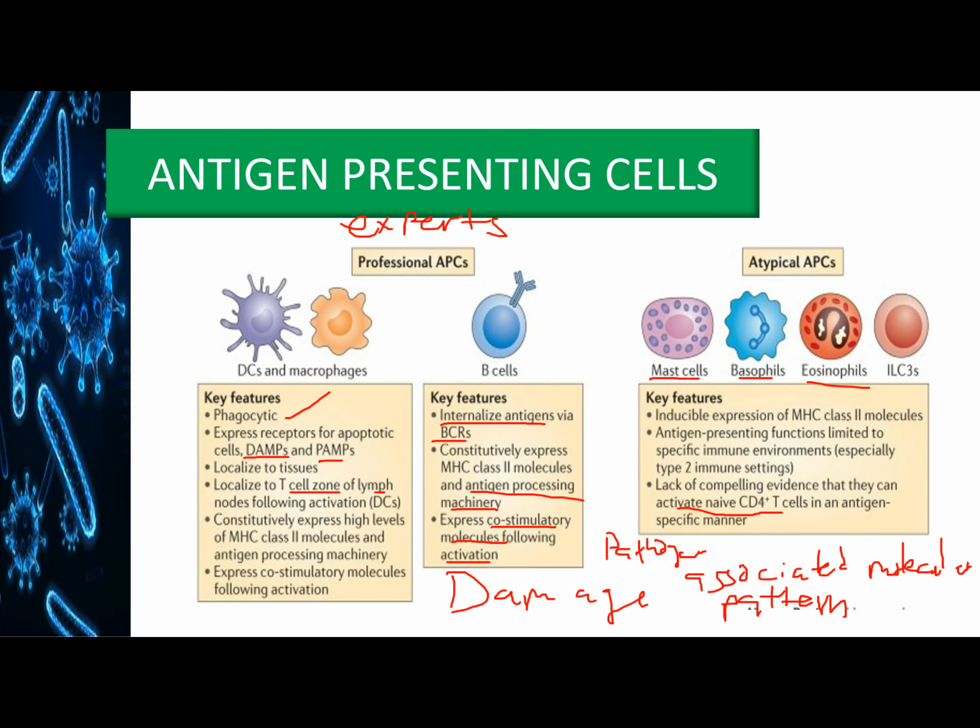So, inducible expression, class. Kailangan for this to occur para magkaroon sila ng MHC class 2, kailangan muna nilang maka-encounter ng antigen. Then, antigen presenting function is limited to specific immune environments. So, onting environment lang, not all environments, class, magiging activated sila. Then, lack of compelling evidence that they can activate naive CD4 T cells in an antigen specific manner.